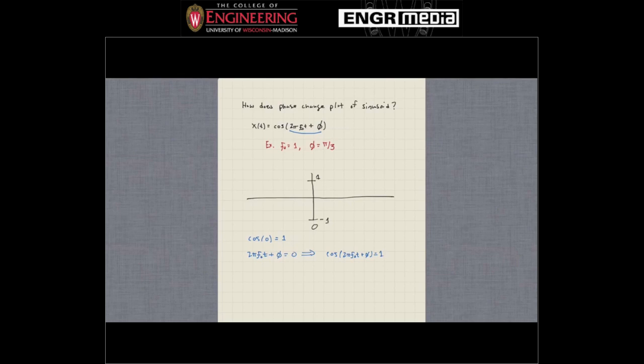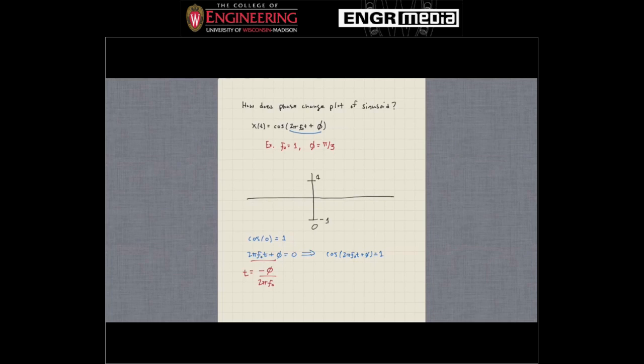Okay, so back to this equation that I just drew. Let's solve that for t. We do that, and t, of course, equals minus phi divided by 2 pi f naught.